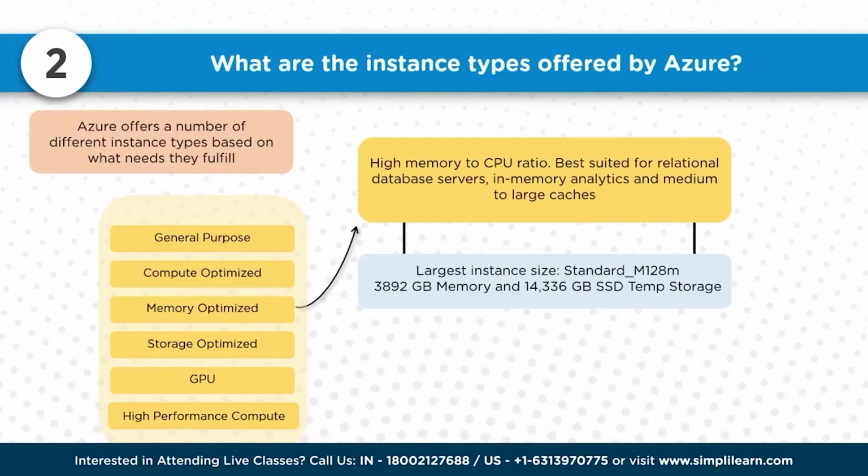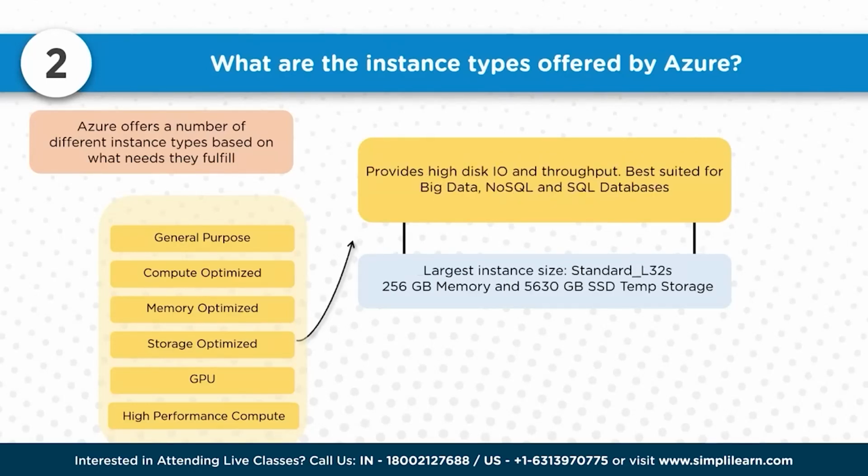Since memory is higher here, it's very good for in-memory analytics applications. And the largest instance size we get here is Standard M128m, and look at the memory: it's 3892 gigabytes of memory, and look at the temporary storage: it's 14000 gigabytes of temporary storage.